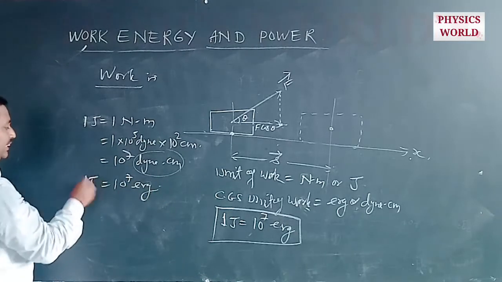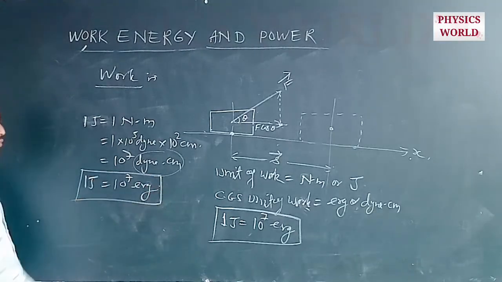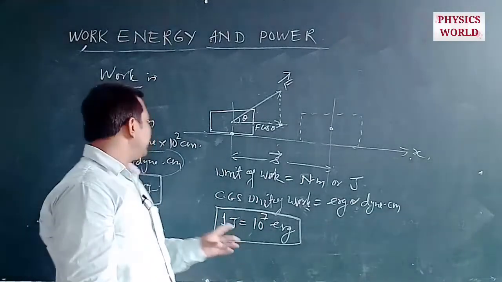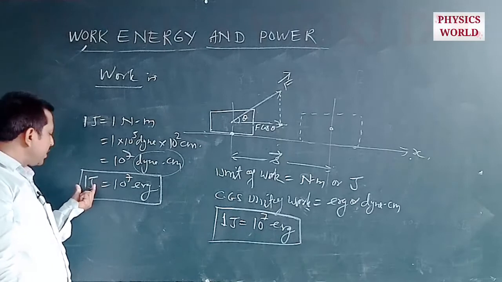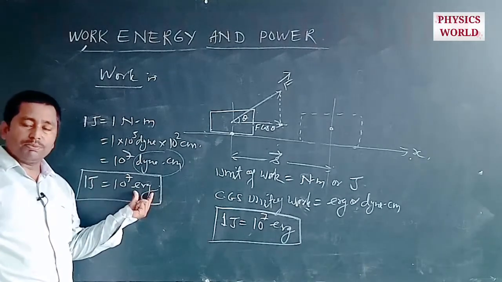So we can easily write it as 1 joule equal to 10 to the power 7 erg. This is the unit of the work in MKS, and this is the unit of the work in CGS.